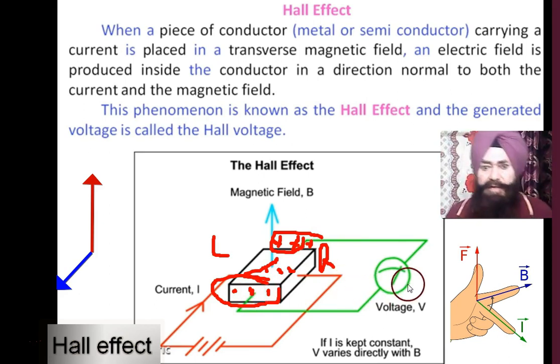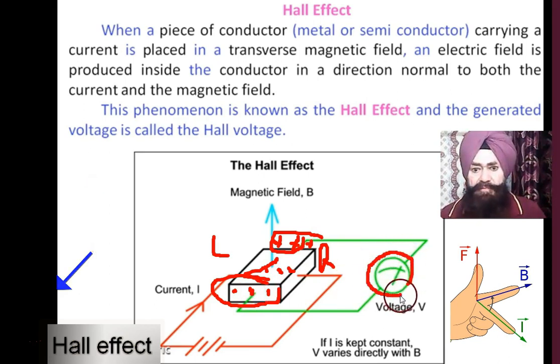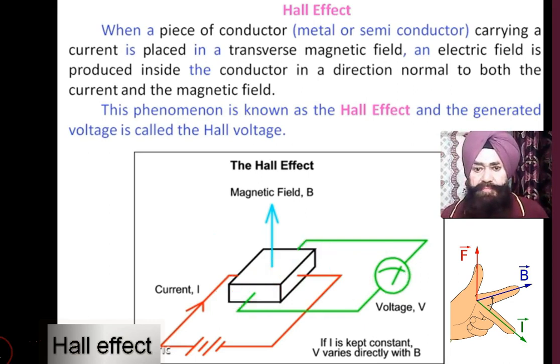This potential is called the Hall voltage. Whenever there is a charge separation, there is a potential difference. That potential difference is called the Hall voltage. So this face will be negative and this face will be positive if the electrons are moving. Okay, this is to remember.